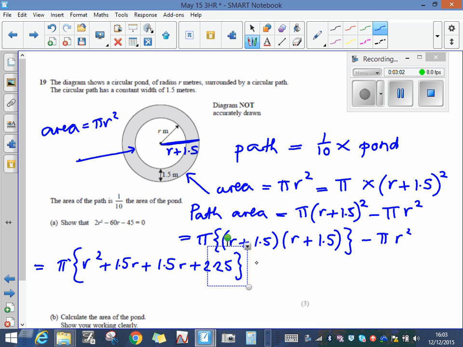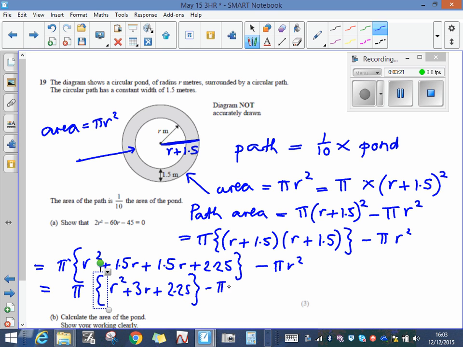Okay, and again that is now minus pi r squared. If we simplify this, this is the path area that we're working out, so it's pi times (r squared plus 1.5r and 1.5r is 3r, plus 2.25), and that's minus pi r squared.